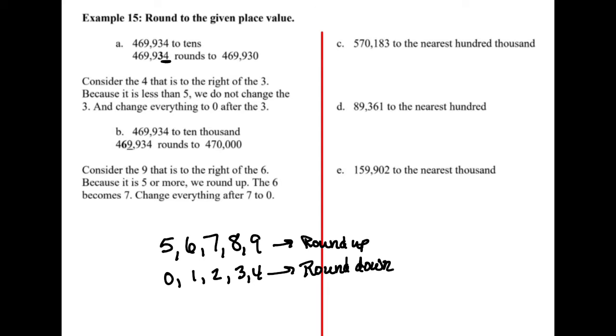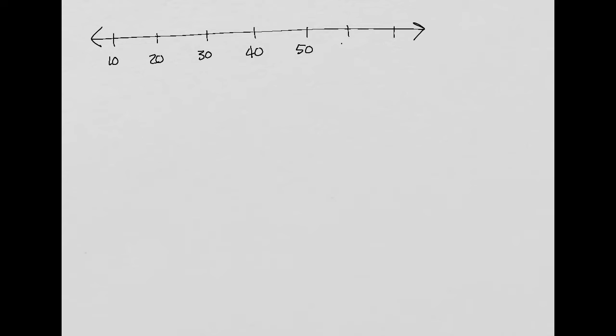Okay, let me take a second and explain what rounding is. So we have a number line, and let's say we're counting by tens. So we have 10, 20, 30, etc. Now this would be if we're rounding to the nearest 10, because all we care about are the numbers that are multiples of 10.